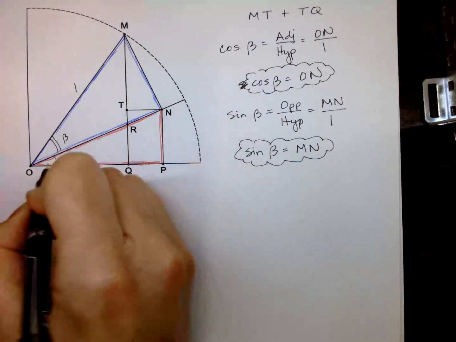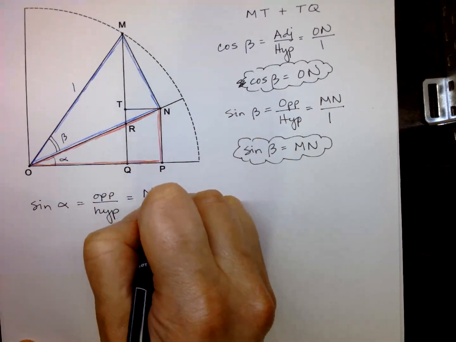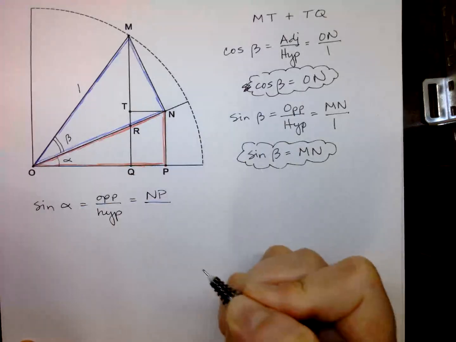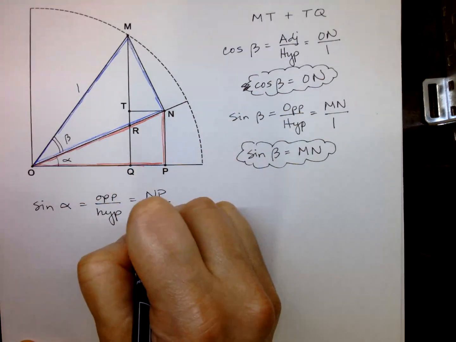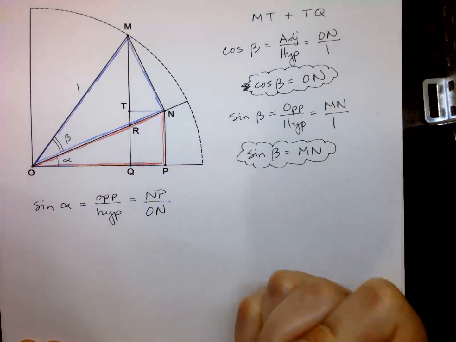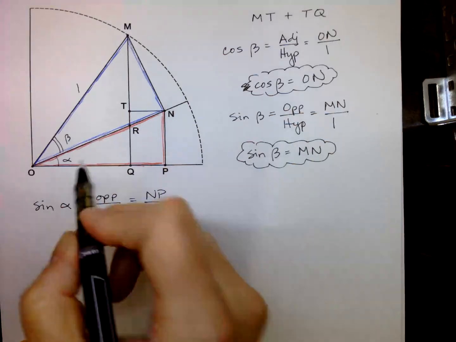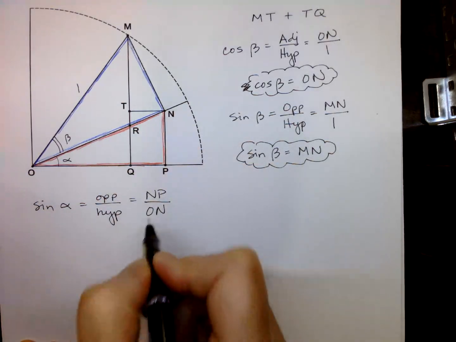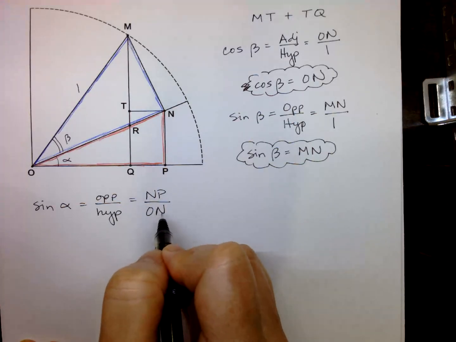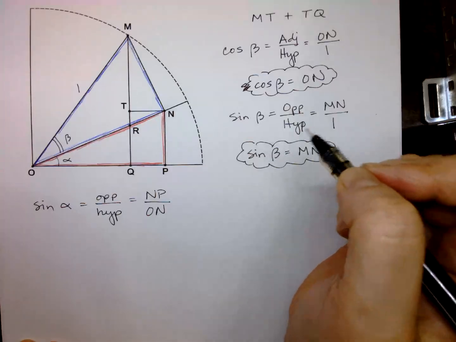Compared to angle alpha, the opposite side is NP, and the hypotenuse in this case is ON. Notice it's not 1. Again, the hypotenuse is not 1 because this triangle is not part of the unit circle. It's smaller. Now, good thing for us is that we just wrote up here that ON is equal to the cosine of beta.